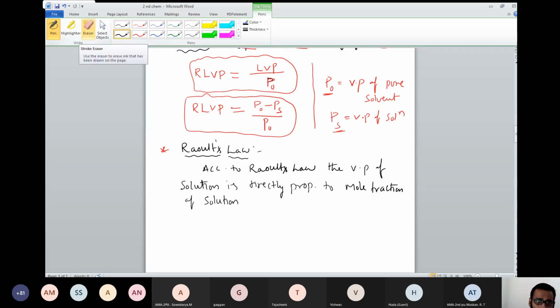Sorry, mole fraction of solvent, not solute. So this is the statement.